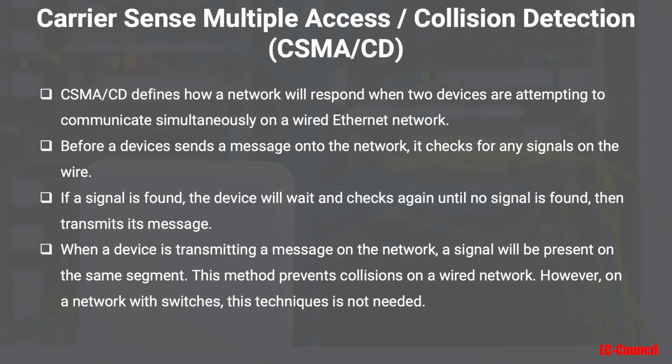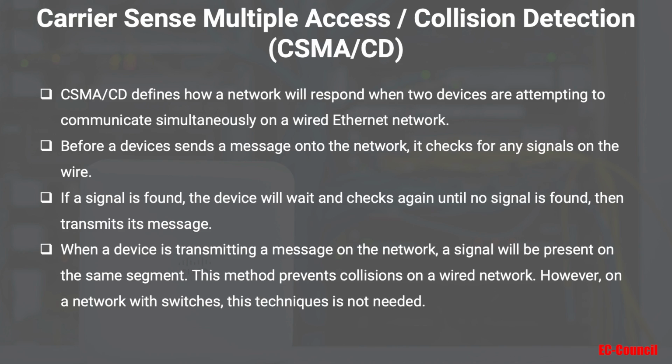Put simply, CSMA/CD defines how a network will respond when 2 devices are attempting to communicate simultaneously on a wired Ethernet network. Before a device sends a message on the network itself, the end device will check for any sort of signal that is being transmitted on the wire.